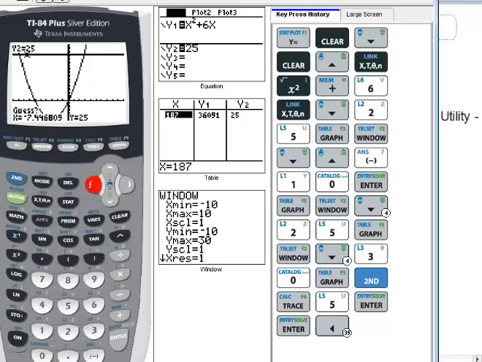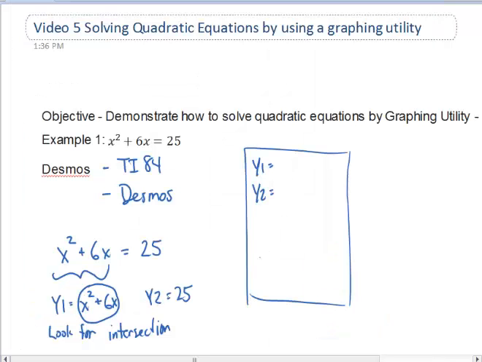So I think I'm close enough, so I'm going to hit enter, and it should find one of my intersections. And it finds the intersection to be -8.83. So I'm going to write that down. So intersection 1 is equal to -8.830.